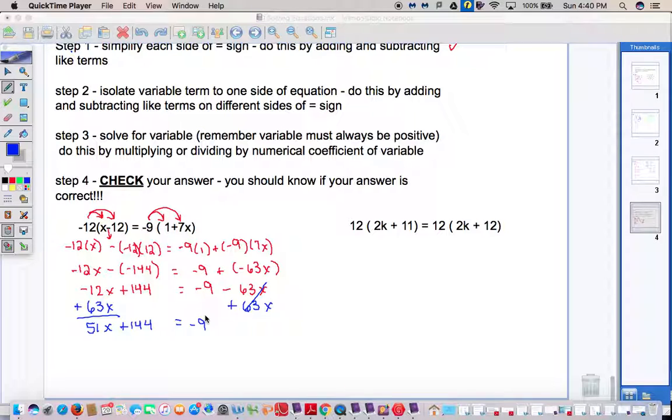So our next step is going to be to subtract this 144 from each side. And if I do that, I have negative 9 minus 144, which is negative 153.